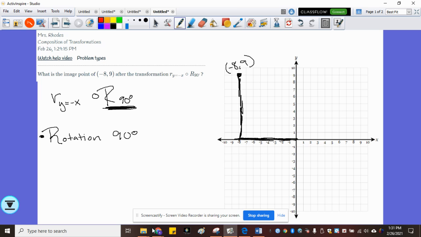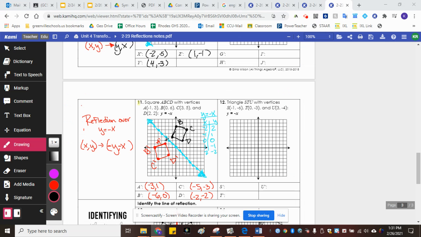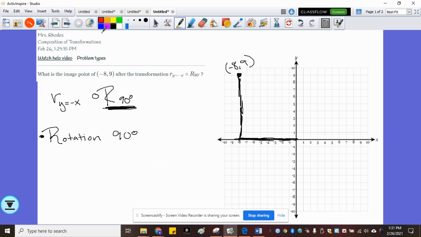It doesn't say counterclockwise or not. Let me see what it says. One second.